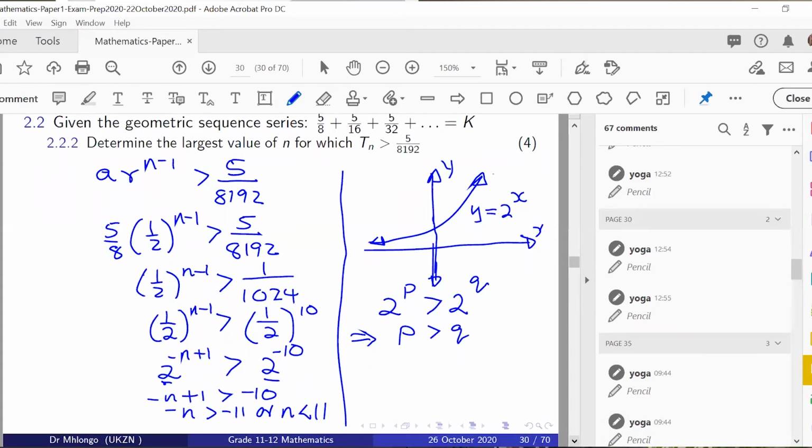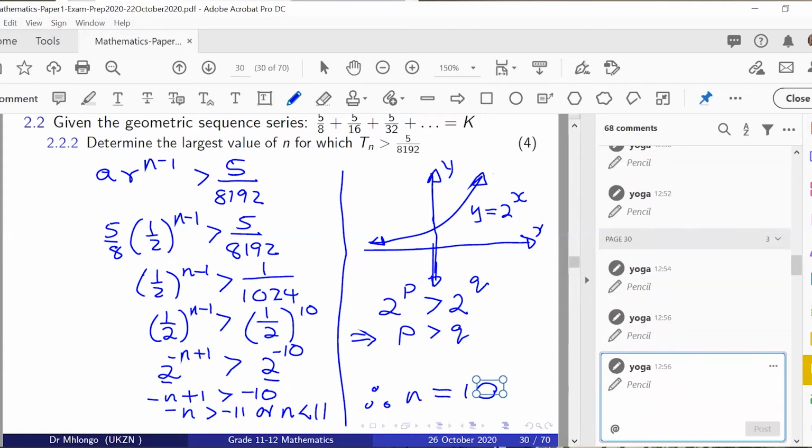So a number that is less than 11, which is natural because we're dealing with natural numbers here, will just be 10. So we conclude that n is 10. There we go.